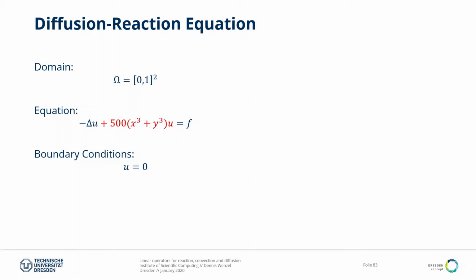Okay, now here comes something a bit more tweaky. So I've added a function here for the reaction that is not constant inside of the domain, but instead it is changing. So this is just the constant, the value 0 here in the bottom left corner of our domain, and it's very quickly increasing. So it's almost doing nothing here, and then it's quickly increasing here at the end in both directions.